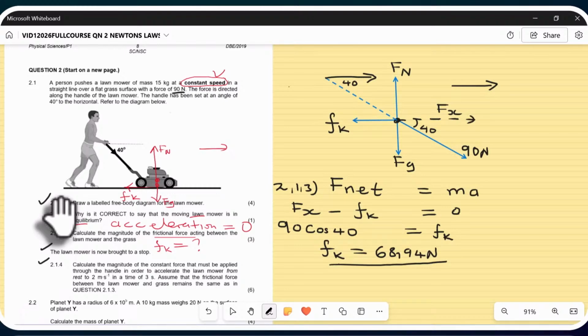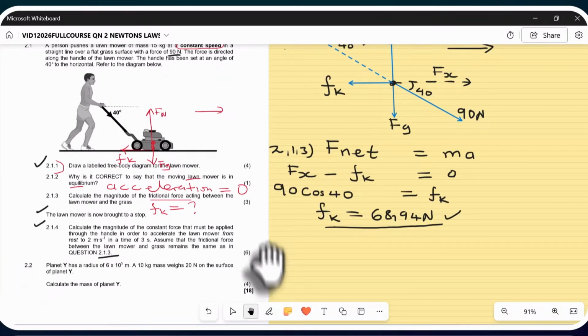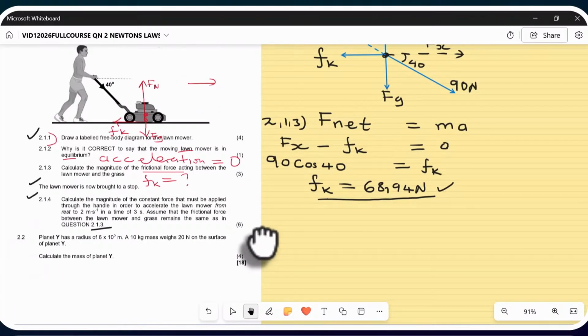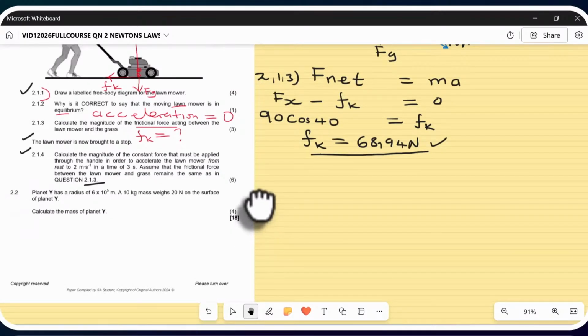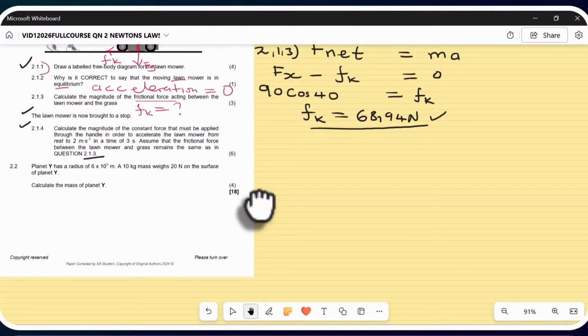So in 2.1.4, from F net equals MA, if I can get my acceleration first, that would be much better.